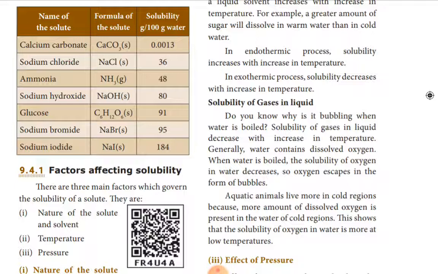This enables the aquatic animals to live in greater number compared to other regions. This shows the solubility of oxygen in water is more at lower temperature.